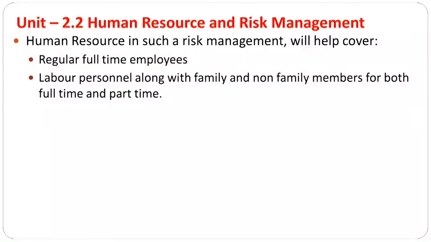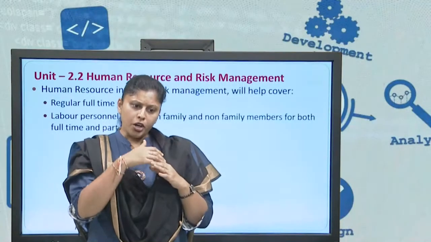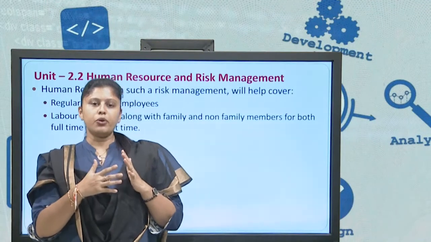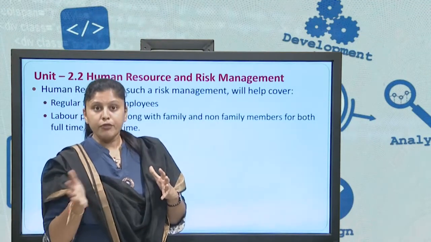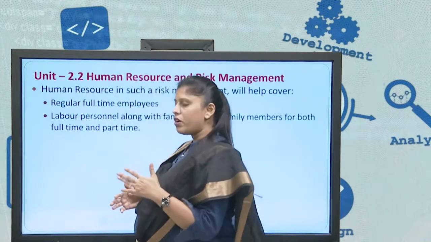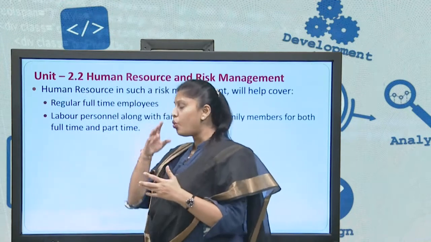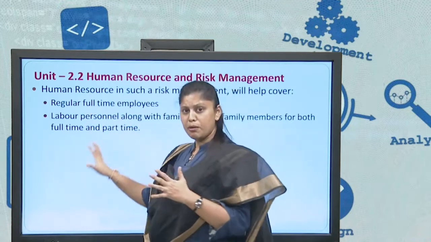They say that human resource will always find that certain employees who are actually giving a high amount of profit to the company should always be taken care of. So in order to take care of those employees who are giving a good profit to the company, you always have to take care of them. Those employees are regular full-time employees, alright.